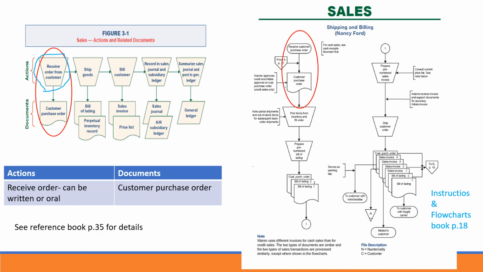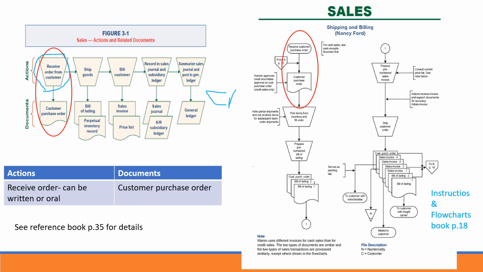You have to look at the customer's accounts receivable subsidiary and look at their credit limit. I will write it later. And approve, okay, this customer does not have a huge outstanding balance in accounts receivable, so they can still continue purchasing from us. So that's what the approval means.